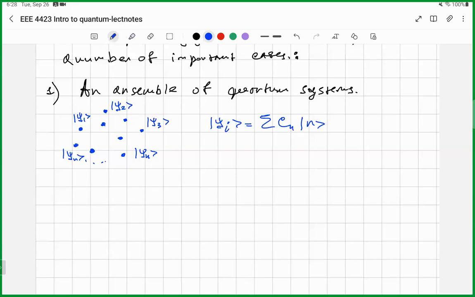I do this measurement multiple times, and after that I can derive the probability, like classical probability, of finding a system in a particular state. And let's denote this probability by pi.